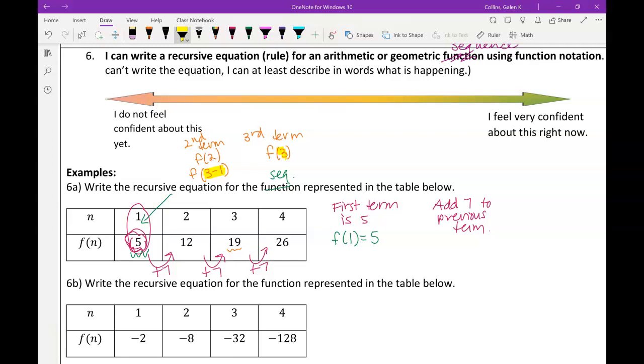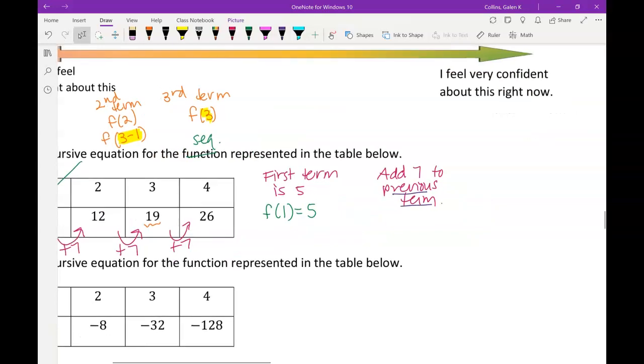That's going to cause me to be at my previous term. So the way that I can write previous term with function notation is f of n minus 1. Then if I'm going to add 7 to that, I just add 7 to that.